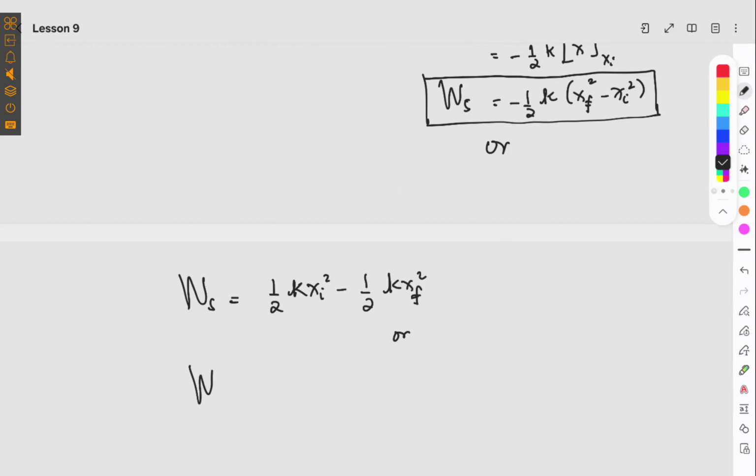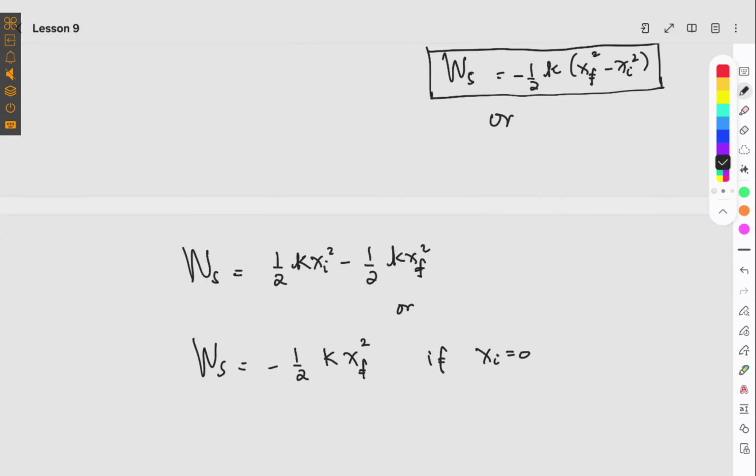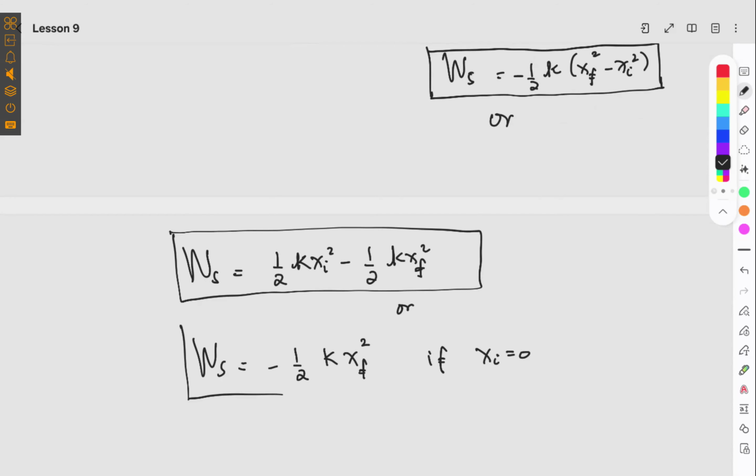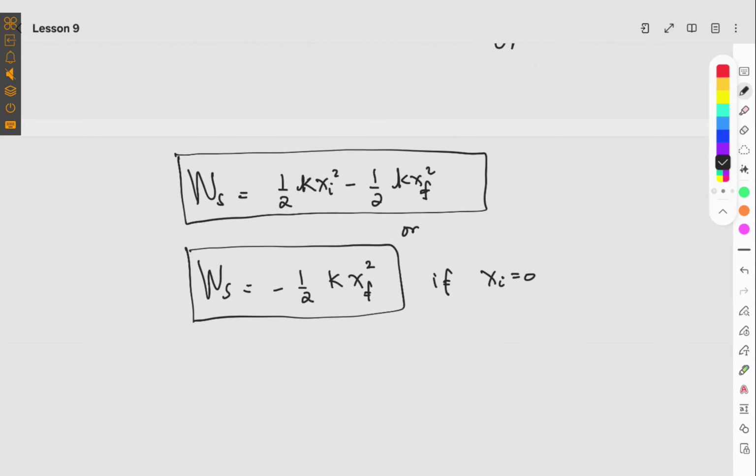You can also simply write negative 1/2 k xf squared if your x initial is 0. If x initial is 0, then you just use this formula over here. So these are the formulas that we are going to be using.